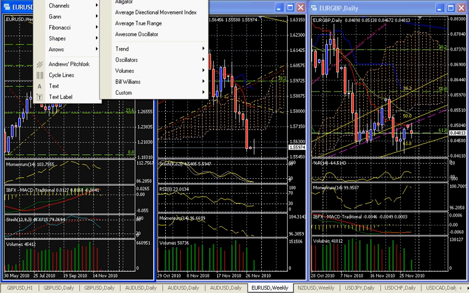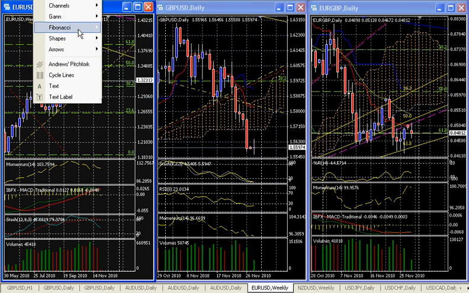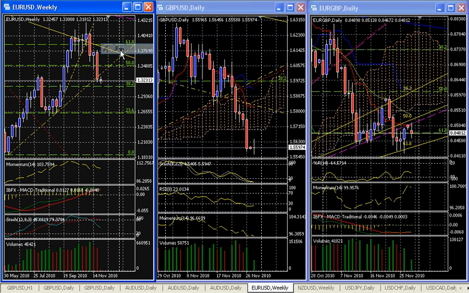And now, if we would be adding the Fibonacci here, then we would be able to see exactly where the next price would be.